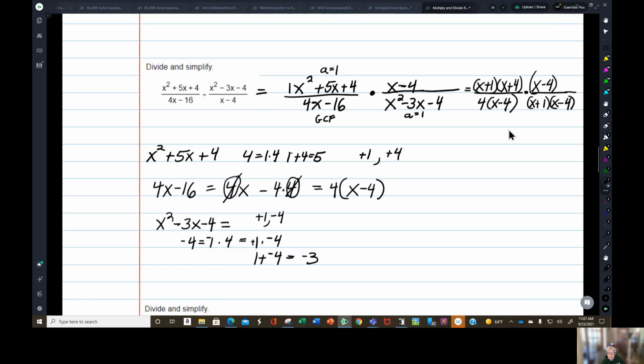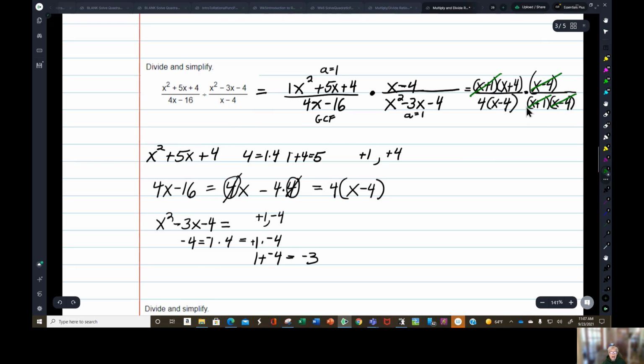And now I just have to decide. Big decision here. I've got an x minus 4 and an x minus 4. I can cancel that way. Or an x minus 4 and an x minus 4. I can cancel that way. Well, actually, I can see a very good reason to cancel this way. Namely, x plus 1 will cancel with x plus 1.